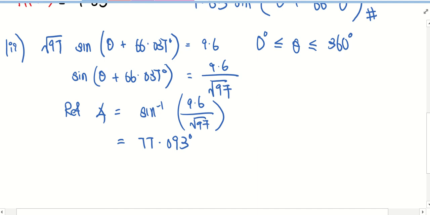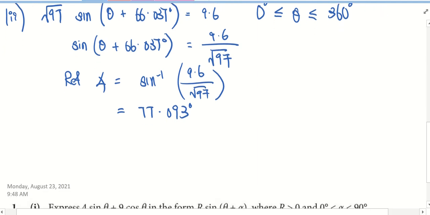Is sign positive or negative? Positive. So it should lie in the first and second. If it lies in the first quadrant, it's the reference angle. If it lies in the second quadrant, 180 minus the reference angle. What will you get? 102.907.